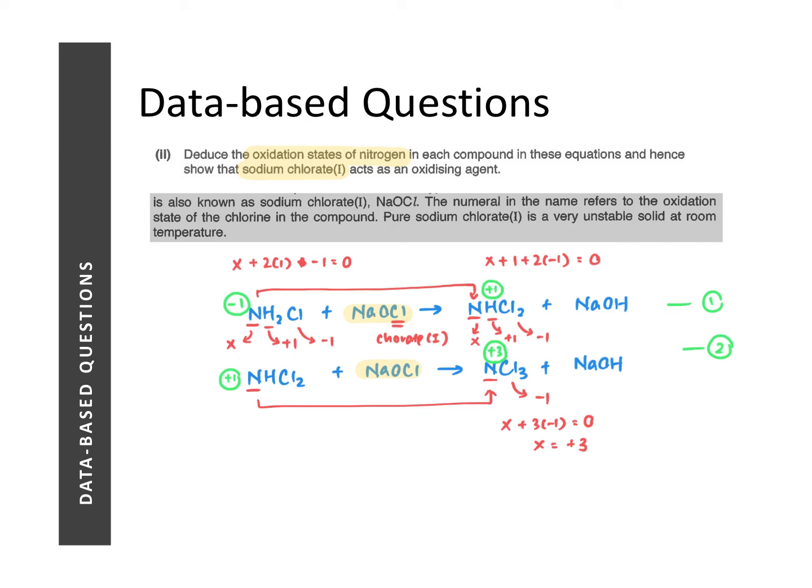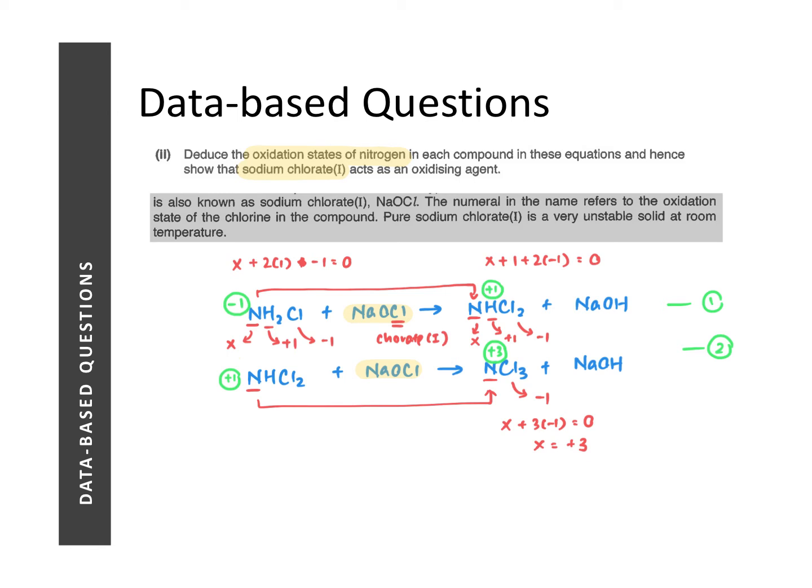In equation 1, nitrogen in NH2Cl has been oxidized, or NH2Cl has been oxidized as the oxidation state of nitrogen increases from minus 1 to plus 1. Okay, in equation 2, NHCl2 has been oxidized because the oxidation state of nitrogen increased from plus 1 to plus 3.